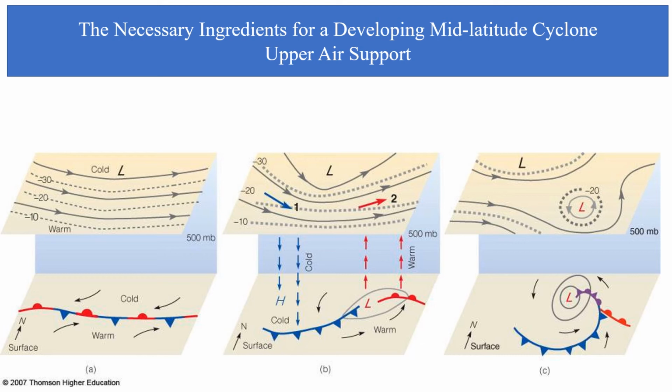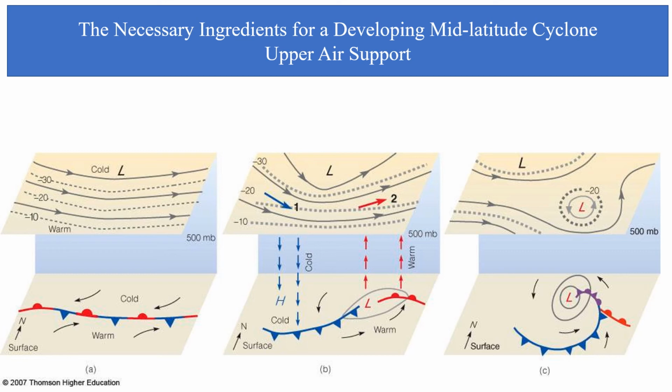So cold air moves in behind the cold front, while the warm air slides up along the warm front. This region of cold and warm advection occurs all the way up to the 500 millibar level of the atmosphere.